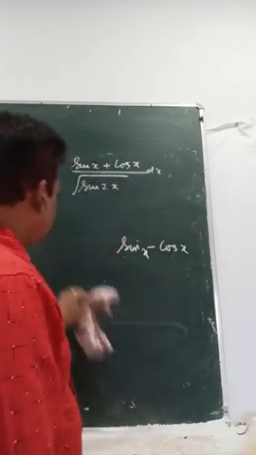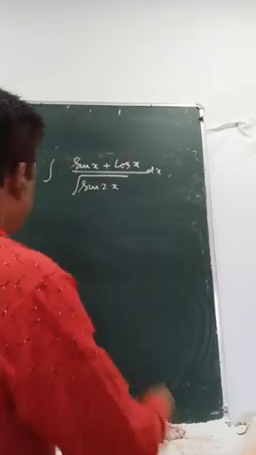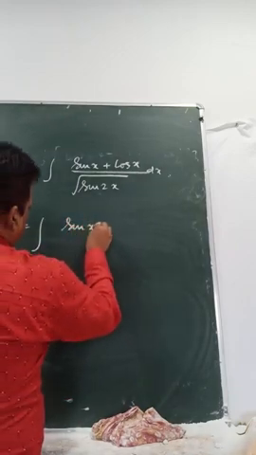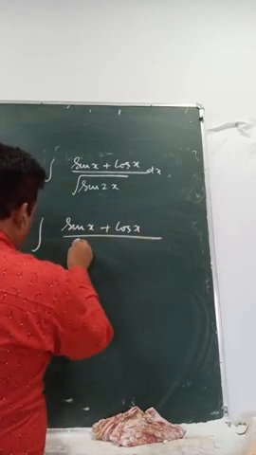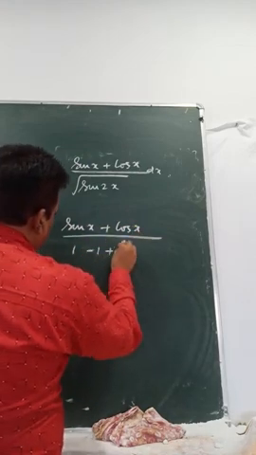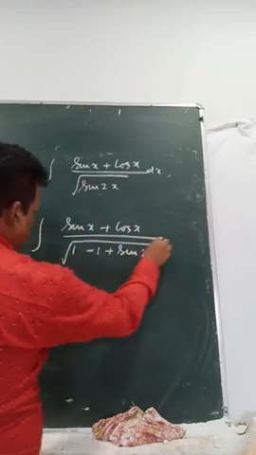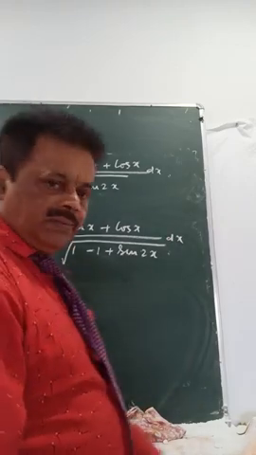If you can create this derivative here, then only you can solve it. Okay, I'll tell you one example here on how to solve it. There are two or three questions like this. Sin x + cos x. I manage 1 − 1 + sin 2x. Done. I can make it plus 1 minus 1.